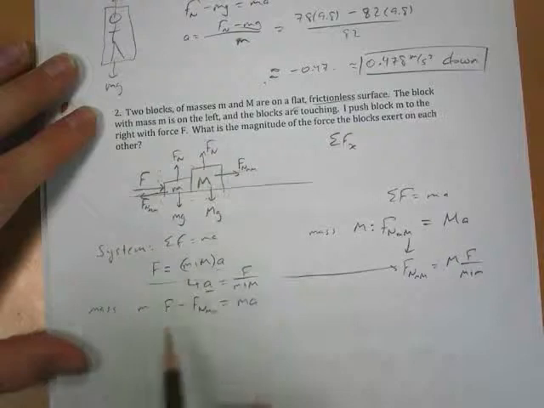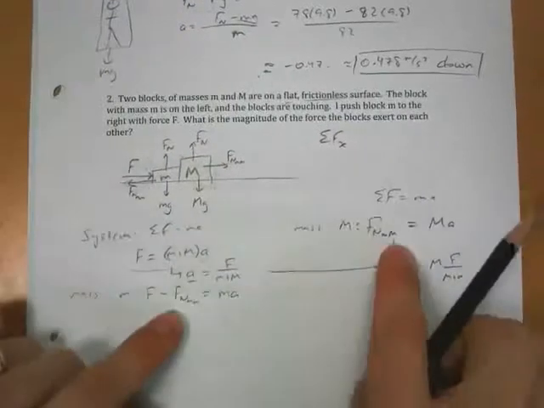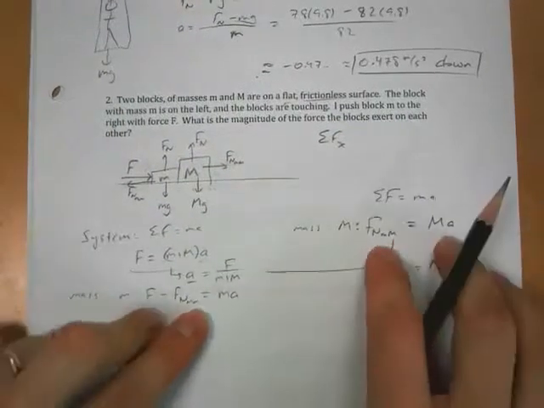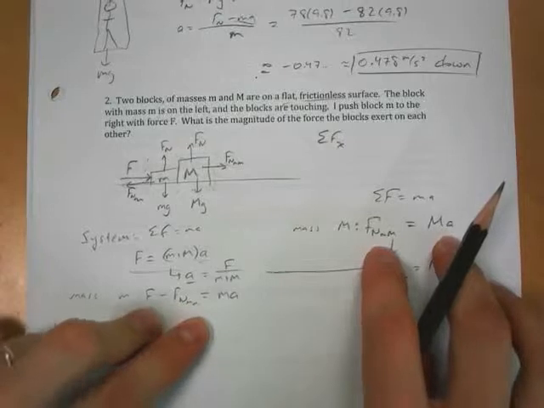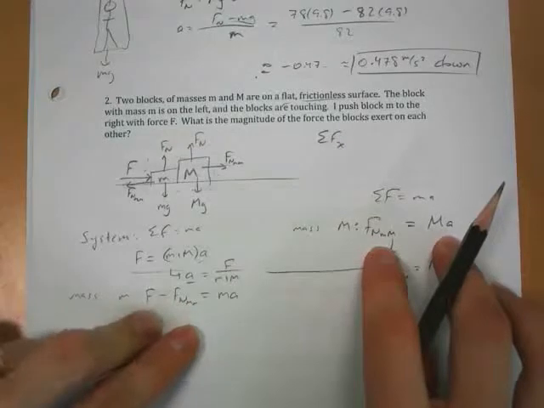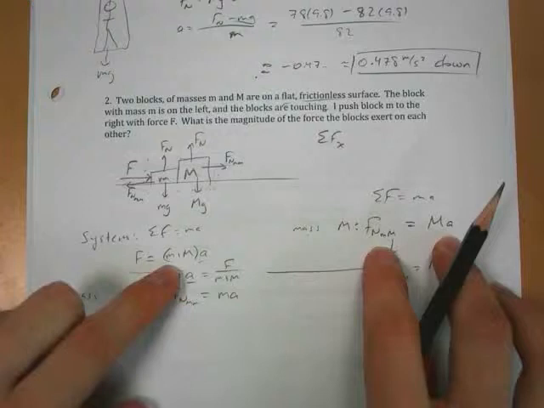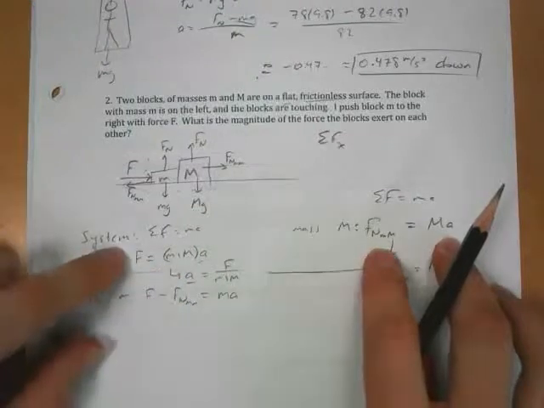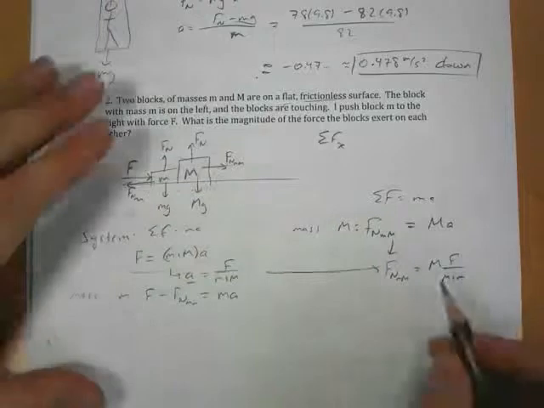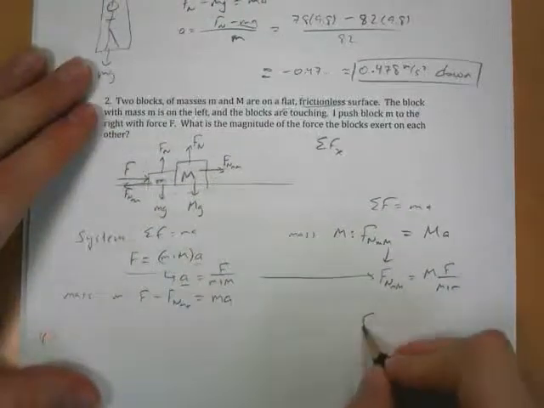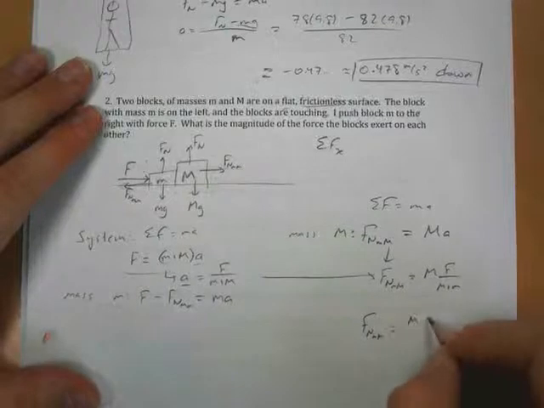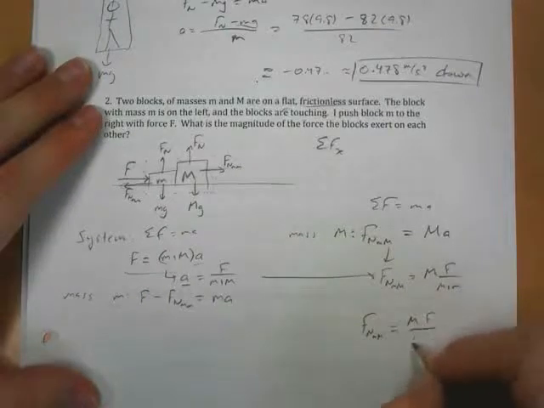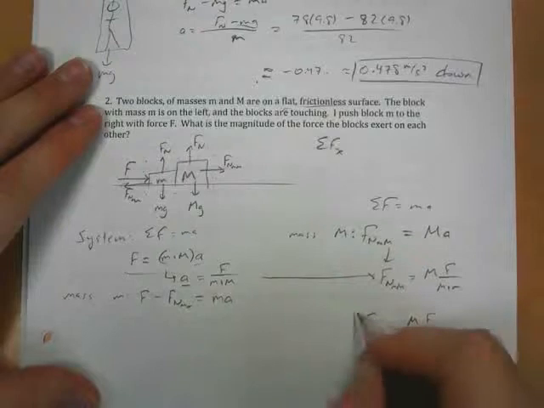We could arrive at a similar result if we add these two equations together, and then we'd get F equals M plus m times a, which is the same thing as the system equation. So all these equations represent the system, but the magnitude of this normal force the blocks exert on each other is M times F over big M plus little m.